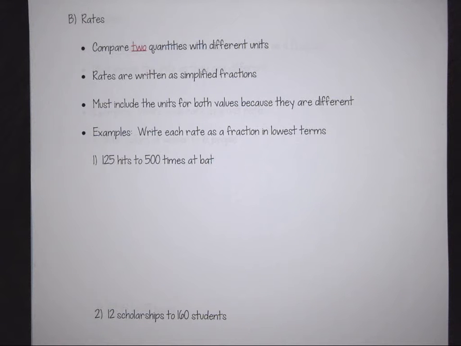If that's the case, when you come across two units that cannot be converted from one to the other, then those units will stand. And instead of doing a simplified ratio, we are doing what's called a rate. So your units end up definitely being included.